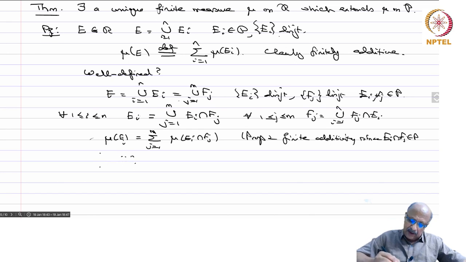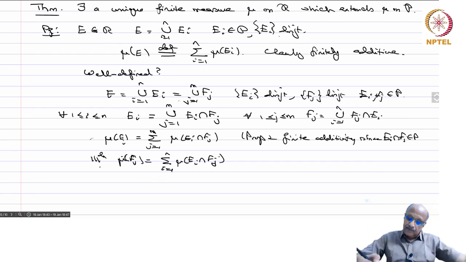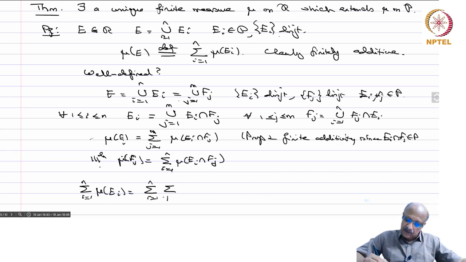Similarly, mu of Fj equals sigma i equals 1 to n of mu of Ei intersection Fj. So sigma i equals 1 to n of mu of Ei equals sigma i equals 1 to n sigma j equals 1 to m of mu of Ei intersection Fj.